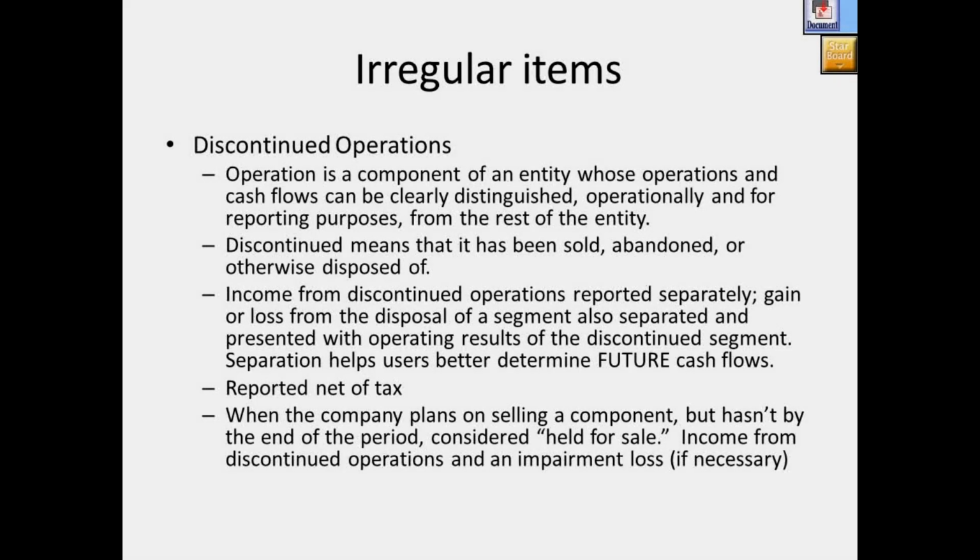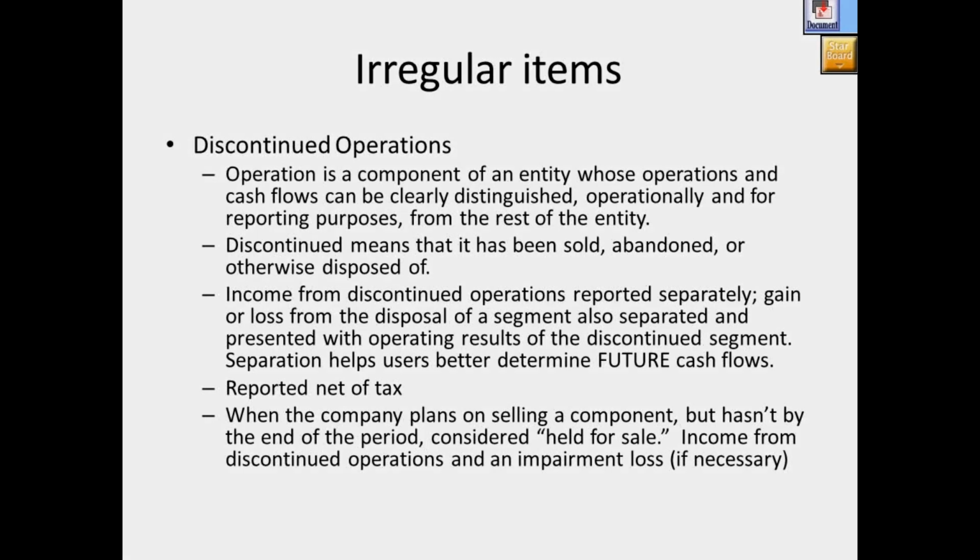Also, because the gain here had produced some of this operating profit, it makes sense to match them together, whereas any of the income from the operations that you're going to discontinue should be taken out of this, so that when I'm predicting the future, I'm not including stuff that doesn't exist anymore.